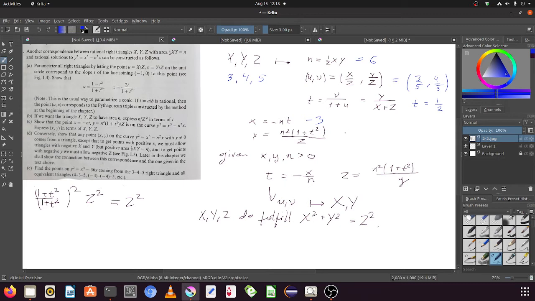And y, that is 36 times 1 plus a quarter divided by 5 equals 9. Minus 3, 9. That's the point this one comes from.